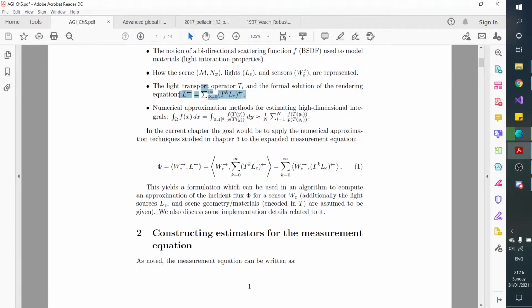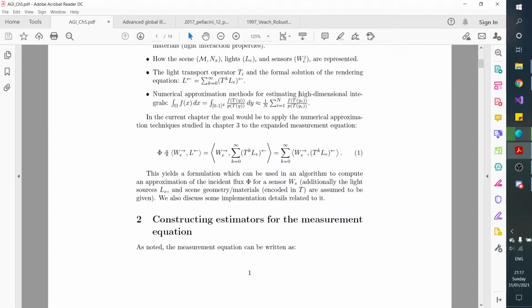We know what these integrals look like. So we actually have everything that we want. The final thing is, okay, we actually want to compute the flux at every pixel. So we have an inner product, which is simply two integrals over the pixel sensor and the aperture of the emitted importance.